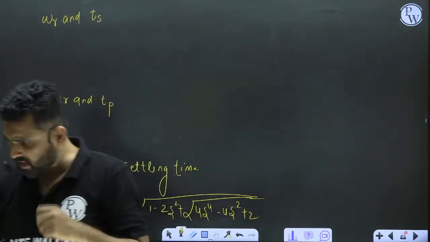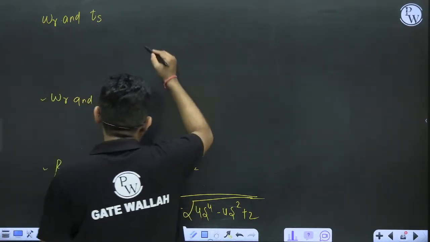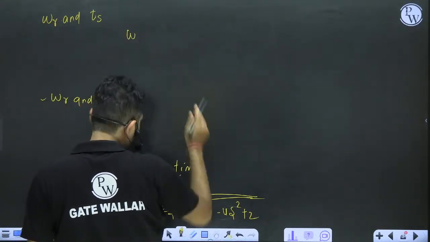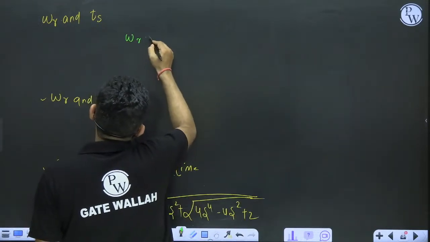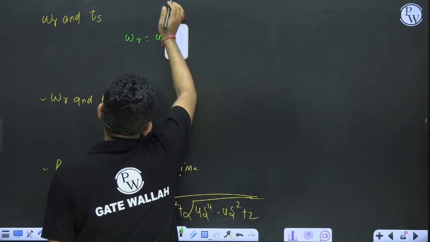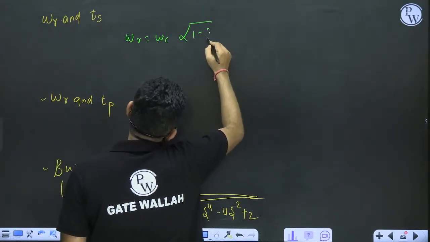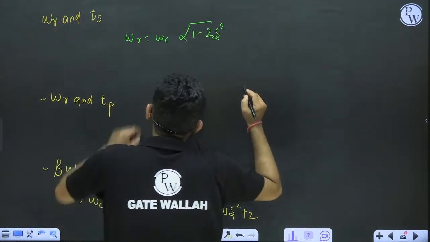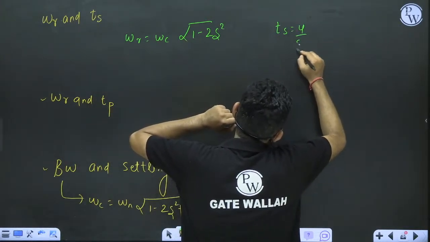What's the first relationship? See here, omega r is omega n root of 1 minus 2 zeta square. And now Ts is 4 by zeta omega n.